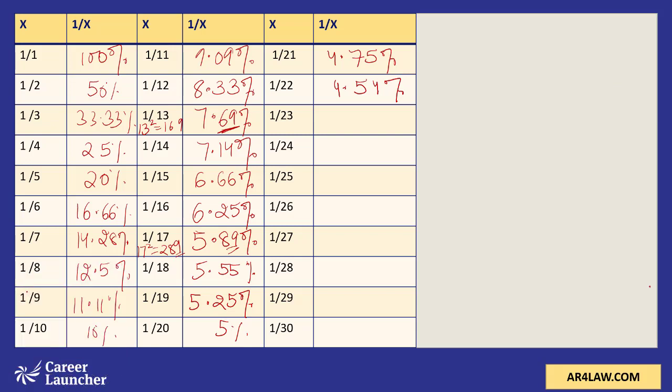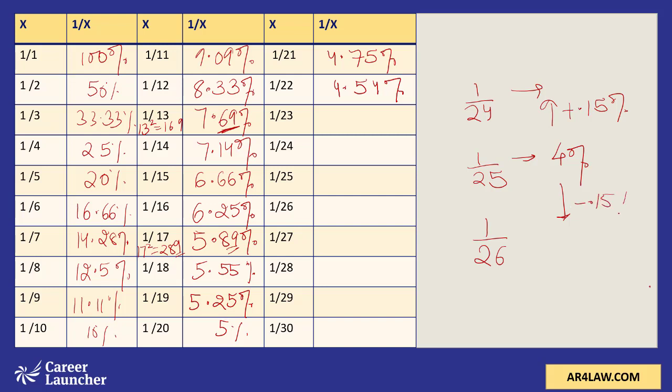24, 25, 26. Again, they are going to behave in the same manner in which 19, 20 and 21 have behaved, but with a slight value change. So 1 by 25 is exactly 4%. This one is 0.15 more than 4%, and this one is 0.15 lesser than this.